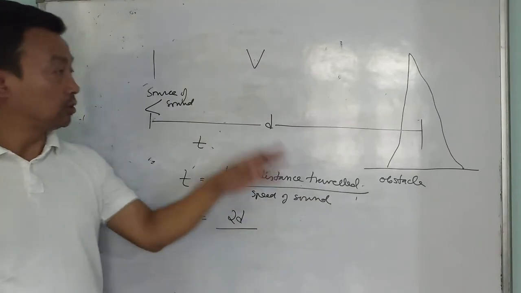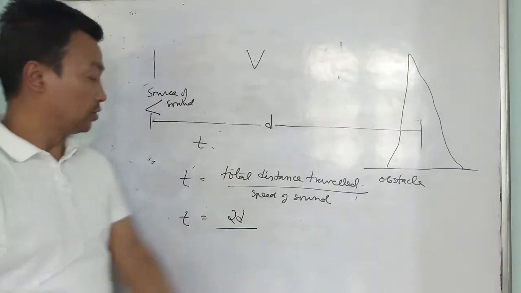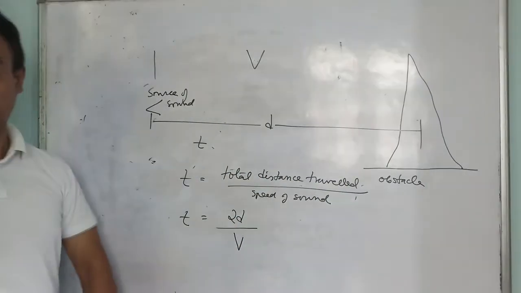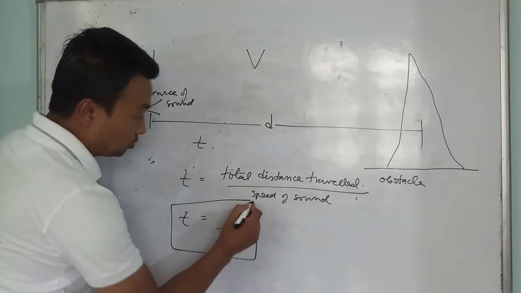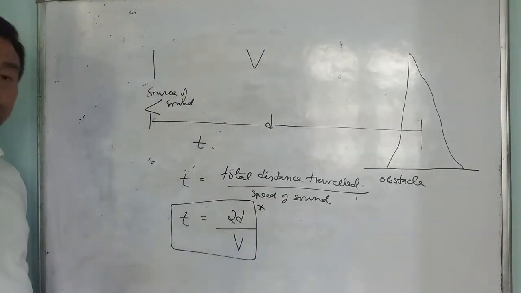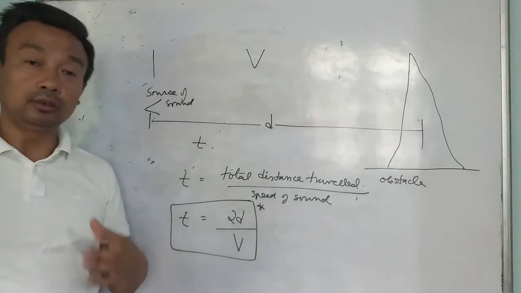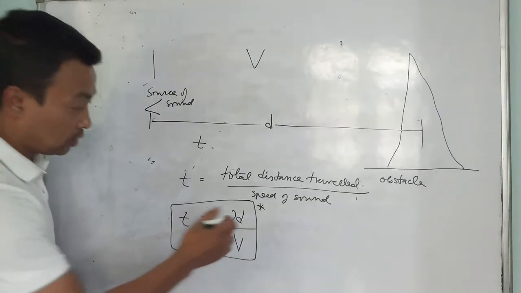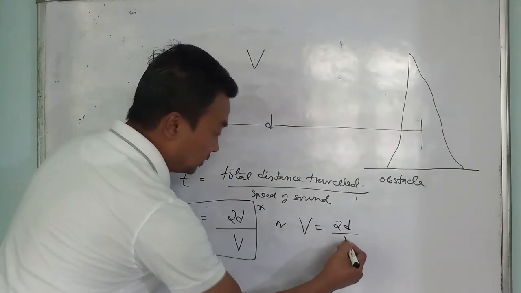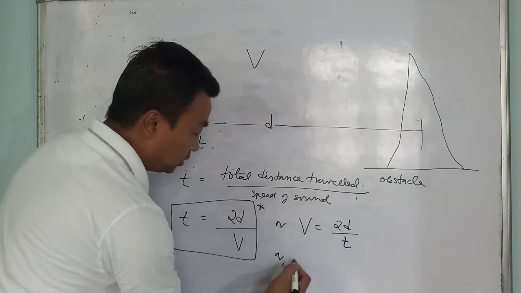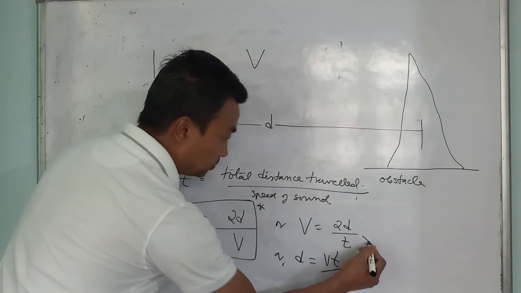The speed at which the sound travels is capital V. Therefore, this is the formula you will use to solve simple numericals on echo: V equals 2D by T, or the distance is V into T by 2.